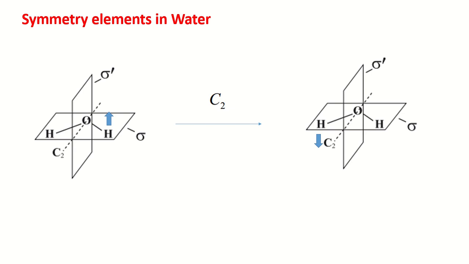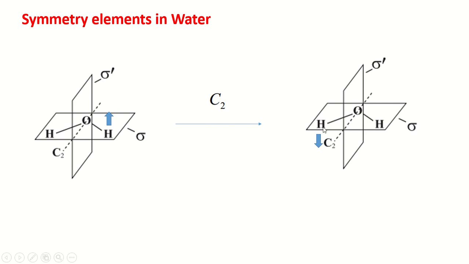if we apply C2 rotation to this molecule, what will happen? For example, I have applied the anti-clockwise rotation to this molecule, and the resultant would be like this. And again I give a C2 rotation to this product.